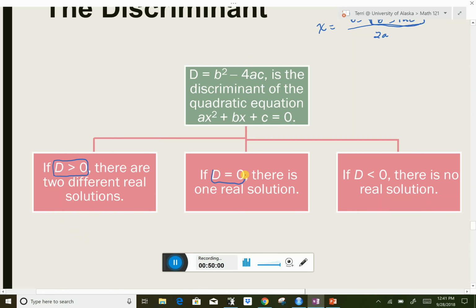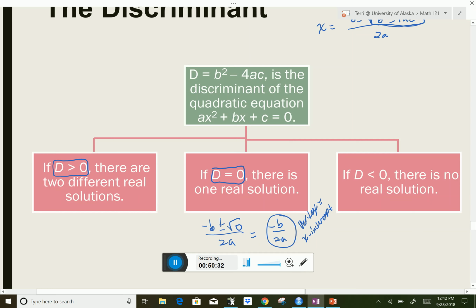If d is equal to 0, then there's one real solution, because that would mean that I have some number over here, my negative b is plus or minus the square root of 0 over 2a. So that would mean that I basically have negative b over 2a, right? So my vertex is exactly the same place as my x-intercept.